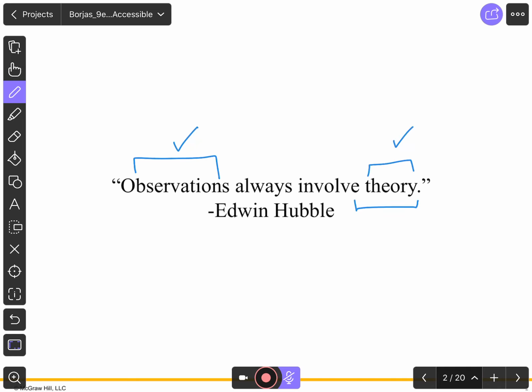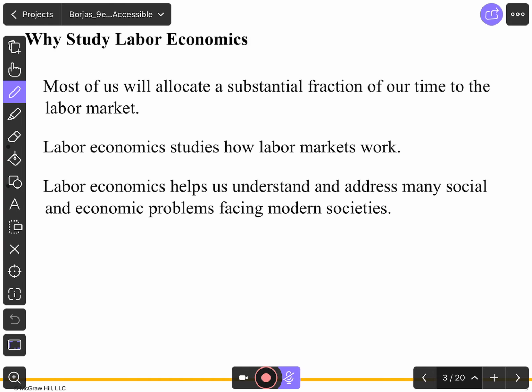So each and every chapter in our textbook or in this course would be talking about a mix of theory and practical application.